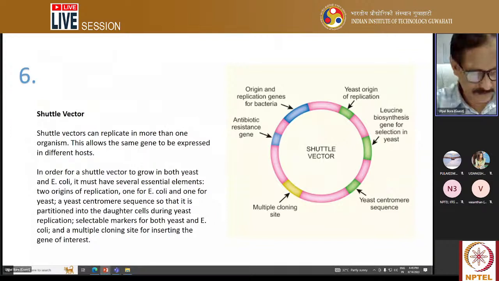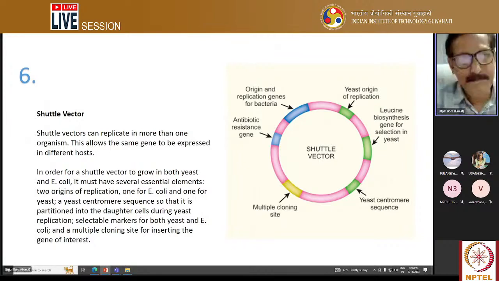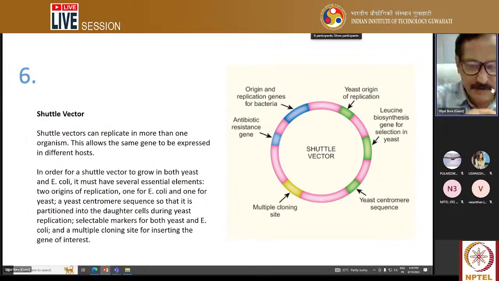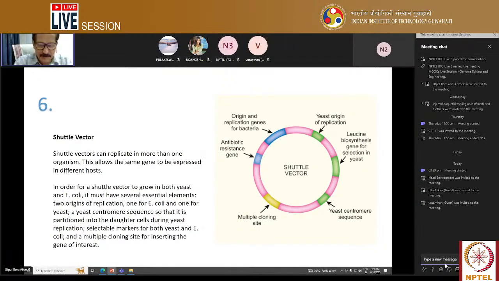Now we have another type of vector which is called a shuttle vector. This shuttle vector is like a shuttle bus which travels from one point to another point, carrying passengers in between the two points. So here, the shuttle vectors can replicate in more than one type of organism. So it may replicate in E. coli, which is a prokaryote, and it can also replicate in yeast, which is another type of organism. In order to be able to do this, such a vector must have certain essential elements.